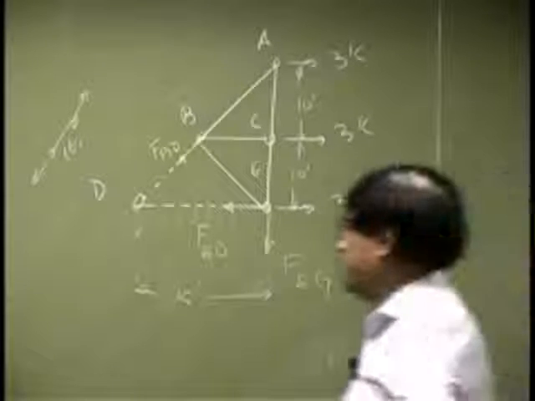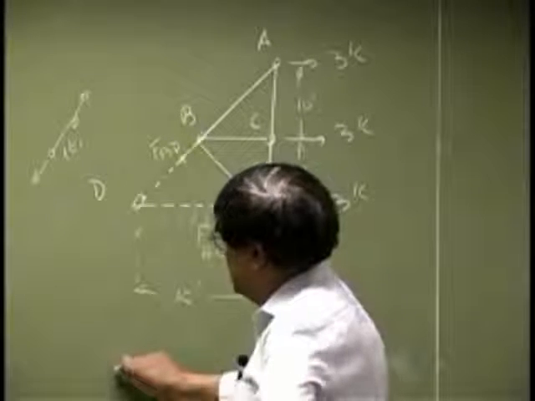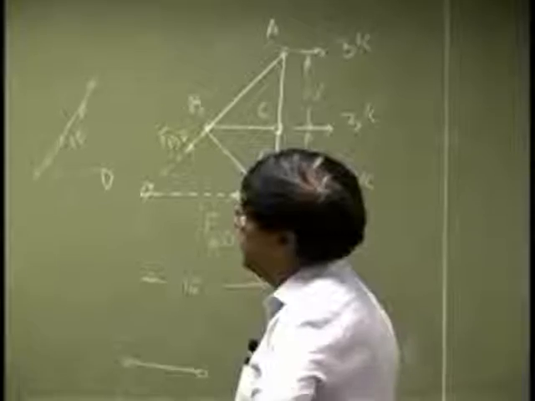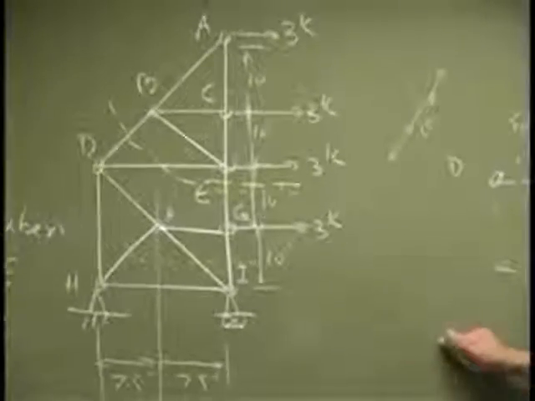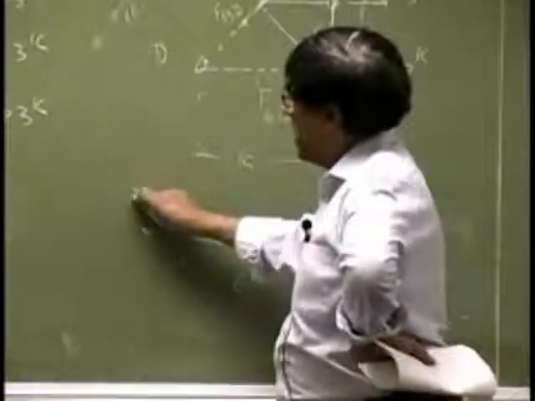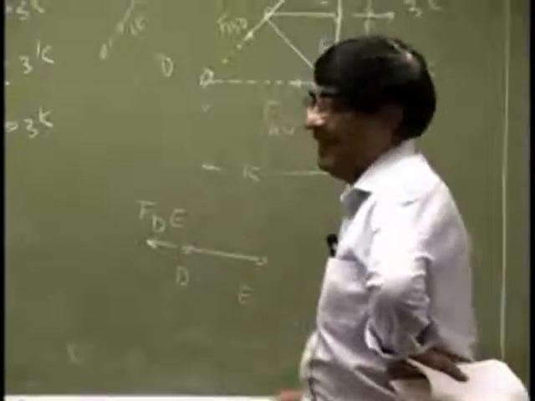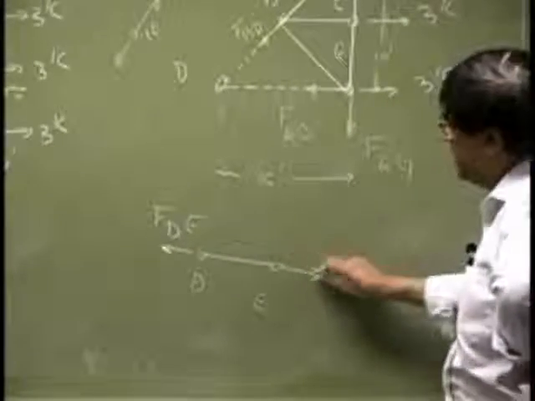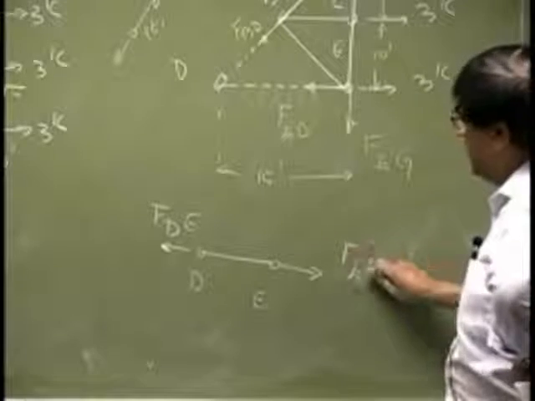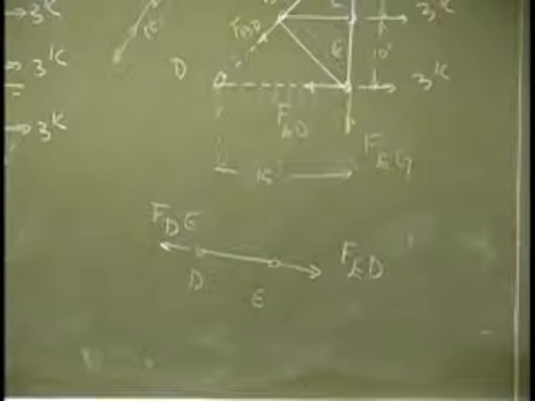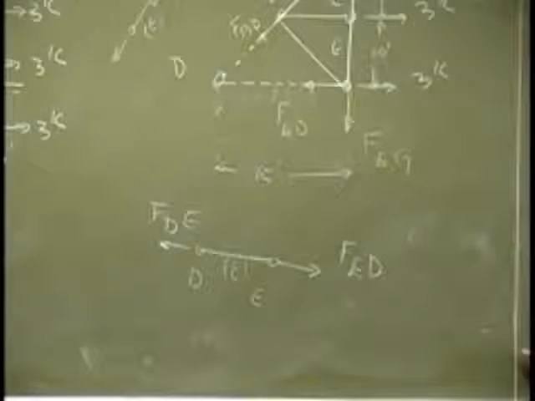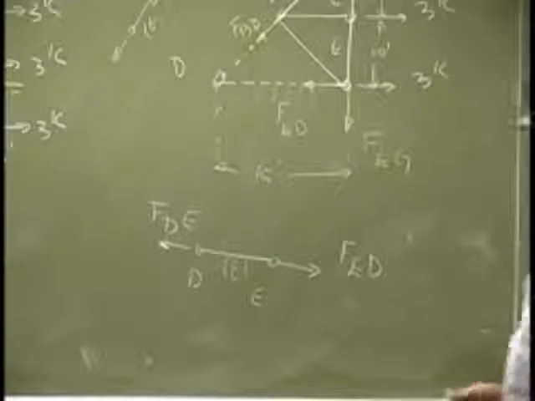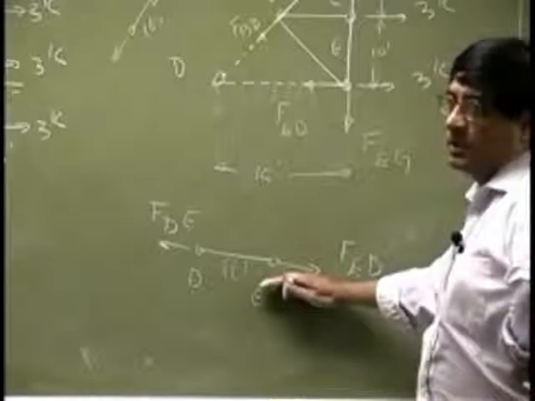Another thing which I should point out at this point is that when you look at a member, let's say member DE, this end could have a force, let's say FDE. Then on this end, you could have a force FED. I mean, there are two different ends, so there is a possibility of having two different forces. But this member has to be in equilibrium too.